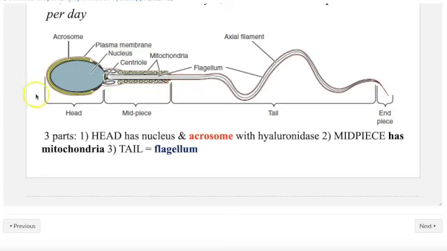And here's the head. The head has a covering called the acrosome, which covers the head, where the nucleus is. As you can see here, once the sperm attaches to the egg and digs in, there's something called the acrosomal reaction, which I think we'll look at in a minute.